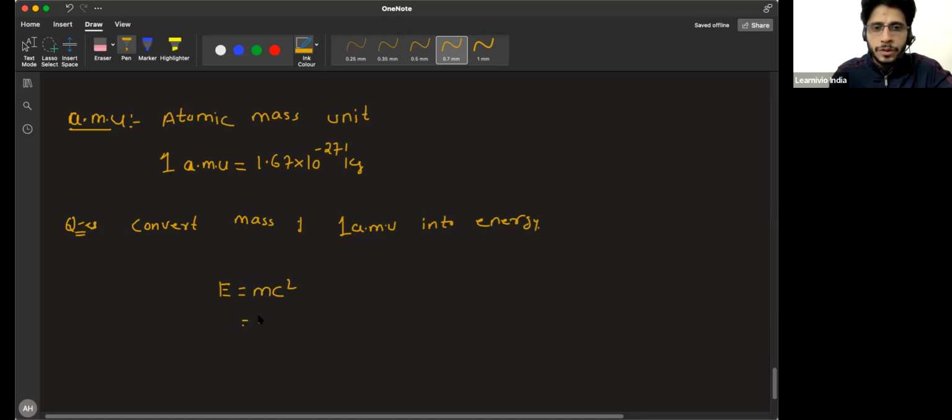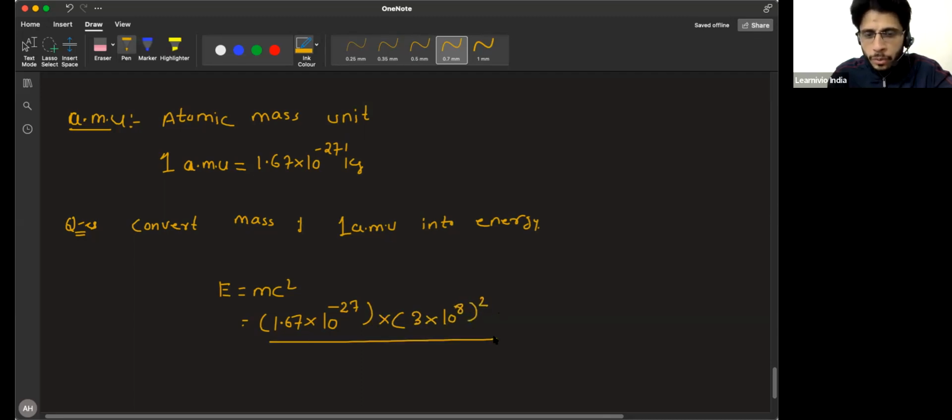See, your mass is 1 AMU, so I'll convert this into kg. So this is 1.67 into 10 raised to the power minus 27 multiplied by c square, which is 3 into 10 raised to the power 8 squared.